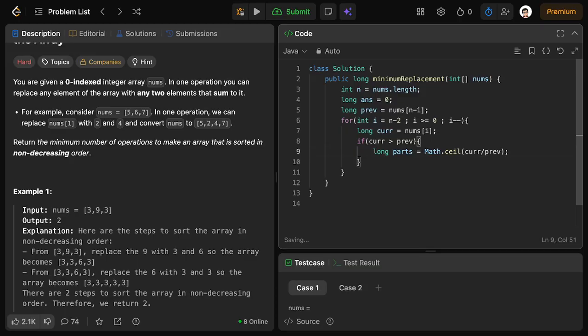But now the catch in Java is that this is an integer or a long number, so the division would again give me a long or an integer. Before the ceil function is applied, I would be calculating this value, and hence I need to typecast current to double so that the answer comes in decimals, and then we apply ceil to it, and then convert it back into long.